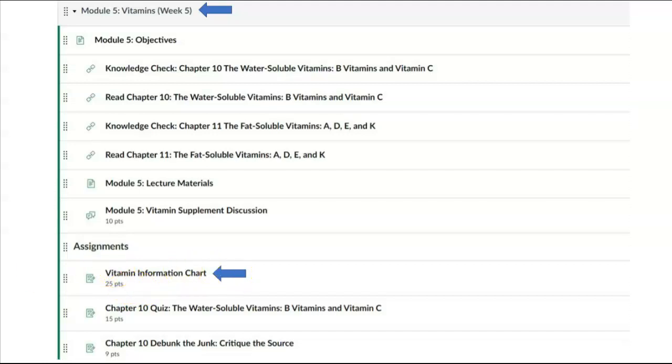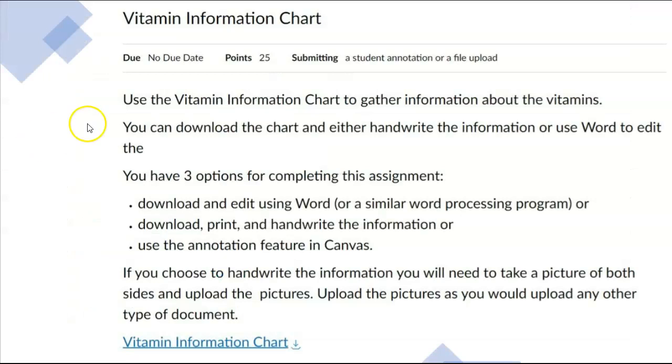When you click on that assignment, you will come to the assignment, and you're going to use this vitamin information chart to gather the information about the vitamins. You have three options. You can download the vitamin information chart and edit it using Word or some similar word processing program. Or you could download and print the vitamin information chart and then handwrite the information.